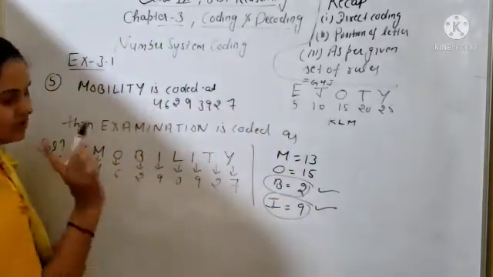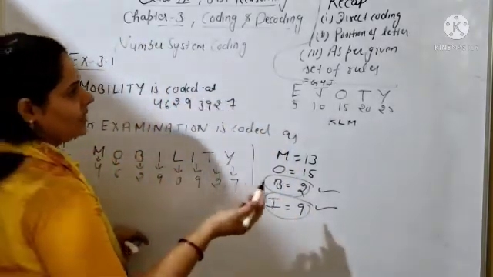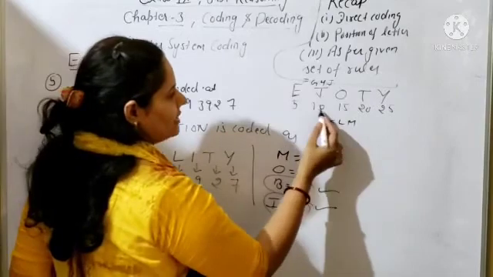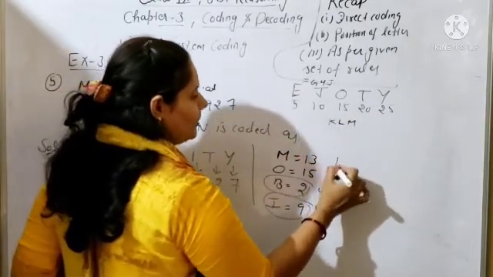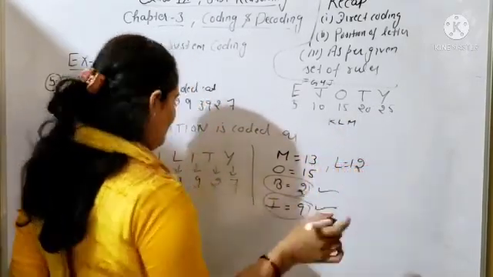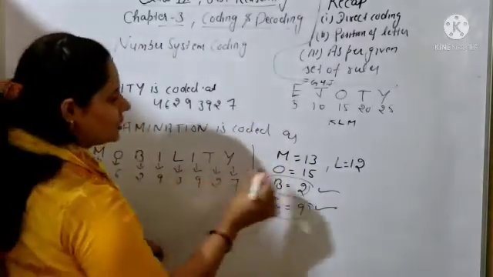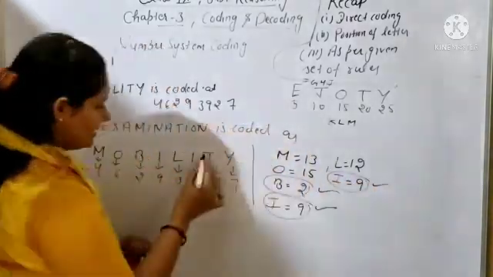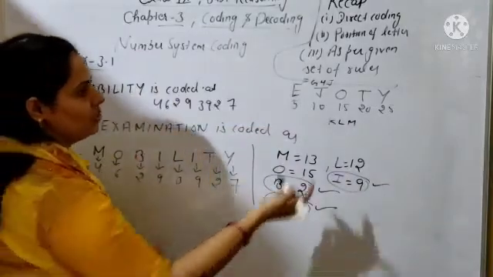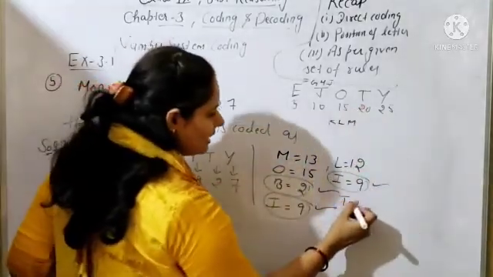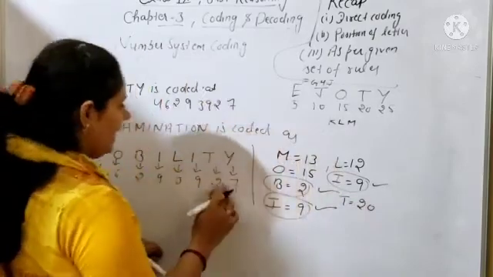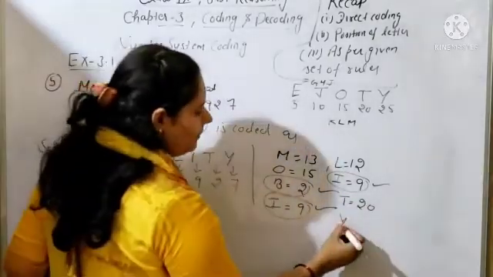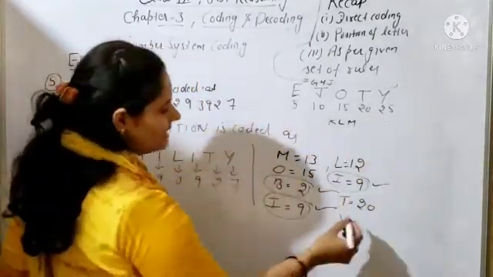L, after J it will be K, L. So 10, 11, 12. L position is 12. I position is 9. Yes, this is correct. What is the position of T? It is 20. Clear? And after that Y position is 25. But here it is written 7.